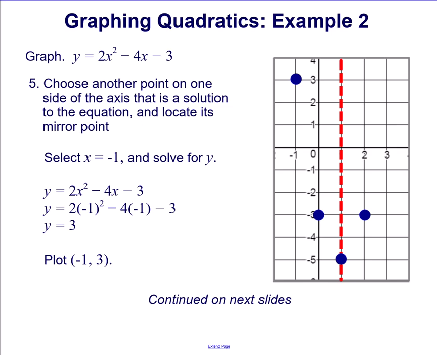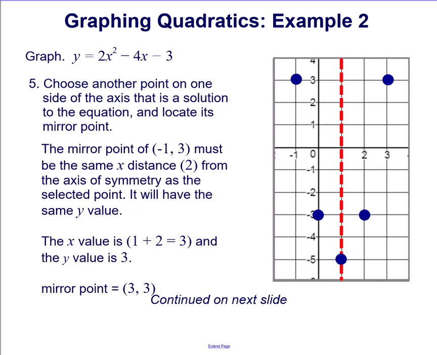So the next logical choice on this graph would be x equals negative 1. Okay, let's make that substitution. So I put x equals negative 1 in for x here, and I also put it in for x over here. Completing the arithmetic, we have y is equal to 3. So we're going to plot the point (negative 1, 3), which is right there.